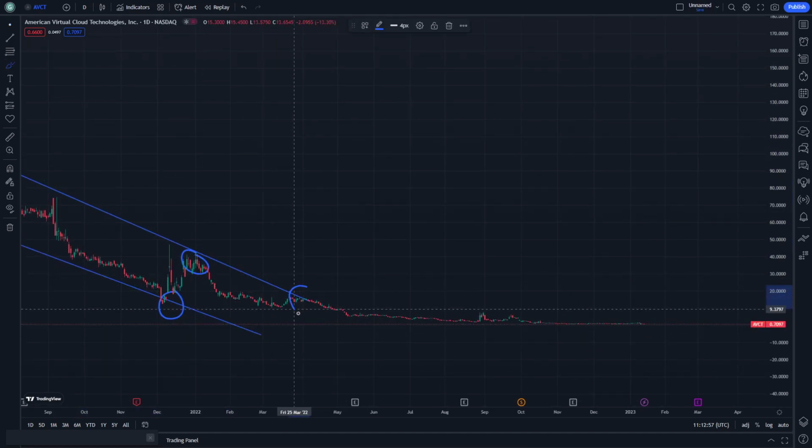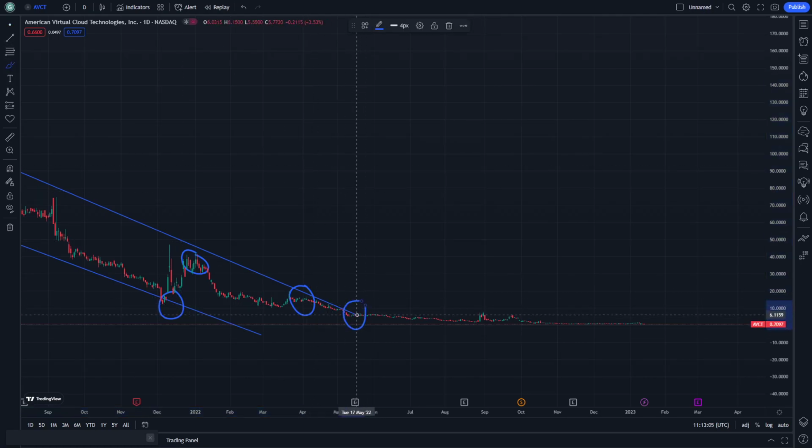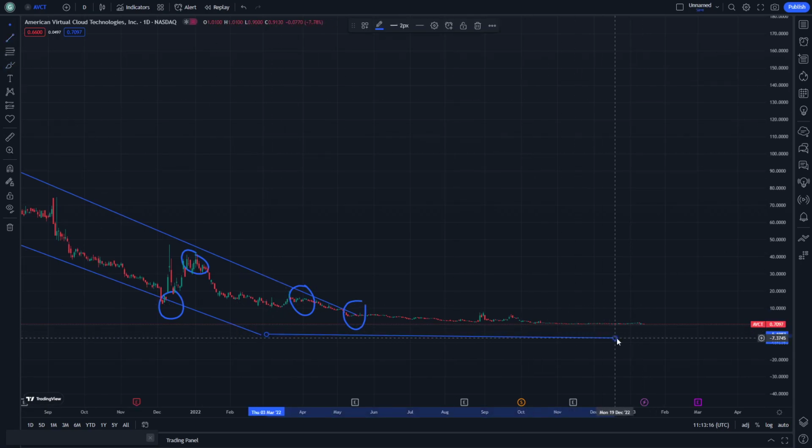Then it can touch this other resistance, okay, and this is going to be a simple thing. This is the start of a new wave. It won't be stretched for a longer time on AVCT from 17 May 2022 until it could reach 17 January 2023. Then we can have this trend line here.